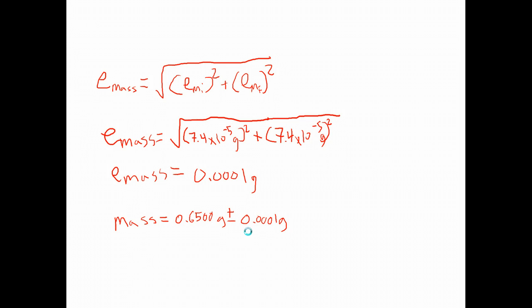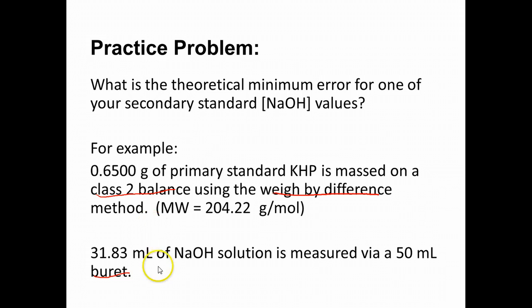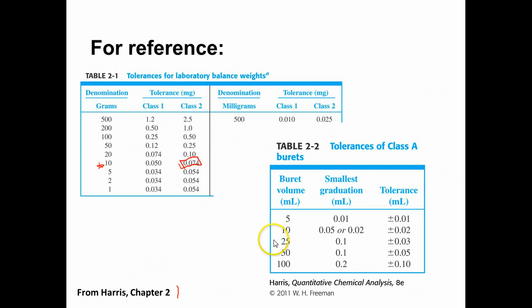I'm going to insert a new slide here. Now we want to do the same thing but with the volume. Our volume again is a burette reading. If you look at our burettes, we've got 31.83 milliliters, and we're probably using a 50 milliliter burette.